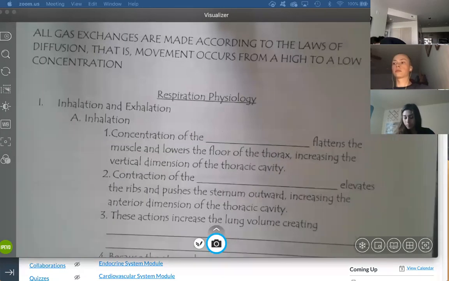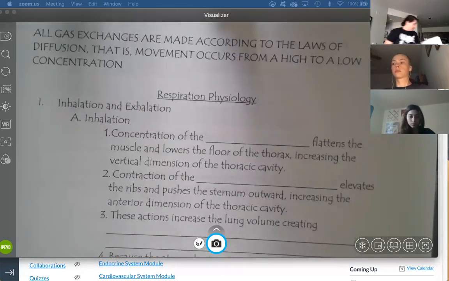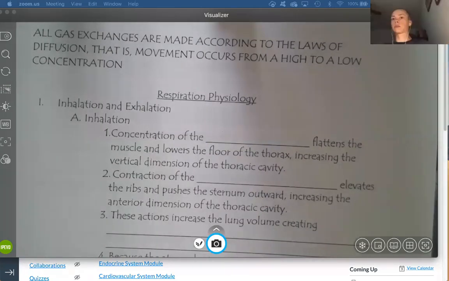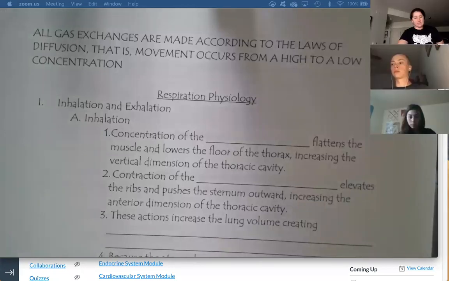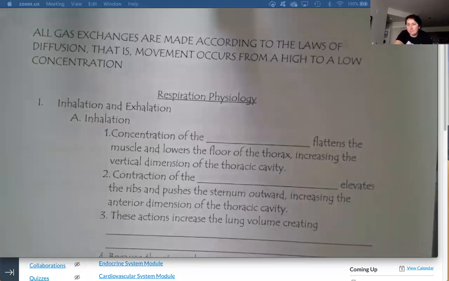Okay, so last time we talked about the anatomy of the respiratory system. We talked about the different parts of it. We talked about the functions of it. In addition to that, we talked specifically in depth about the larynx, and we talked about the pathway of air through the respiratory system, and the different parts of the larynx.